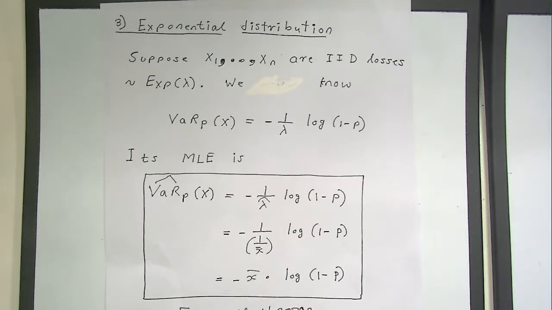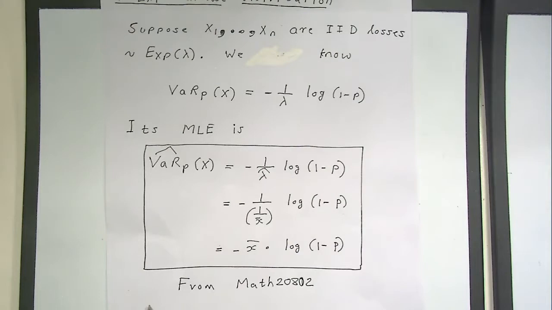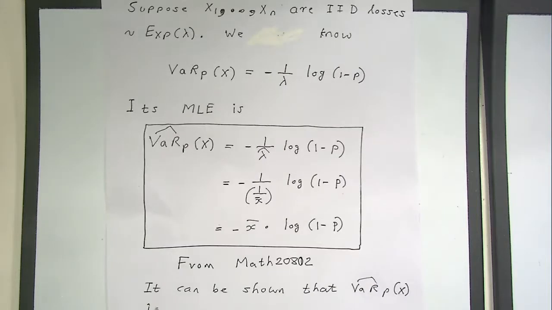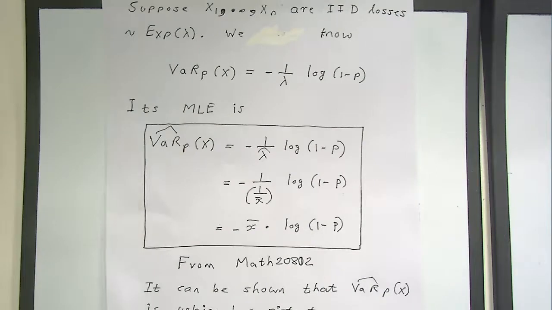This is the estimator for VAR, and it can be shown that this estimator is unbiased and consistent, right?